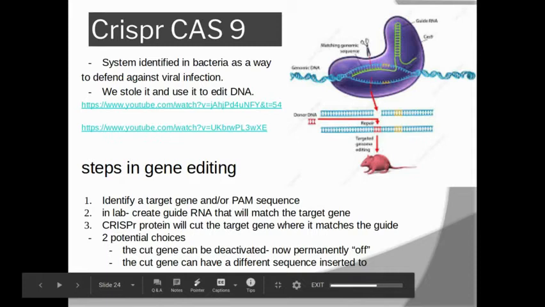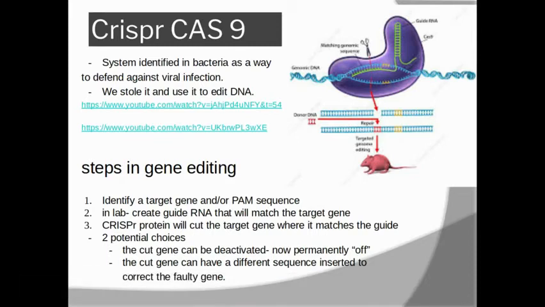Okay, so this is our latest and greatest technology we use for genetic engineering. This is a process called using genetic scissors, or the CRISPR-Cas9 system.